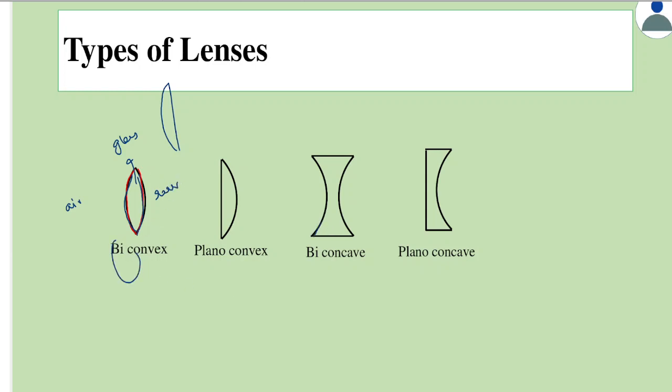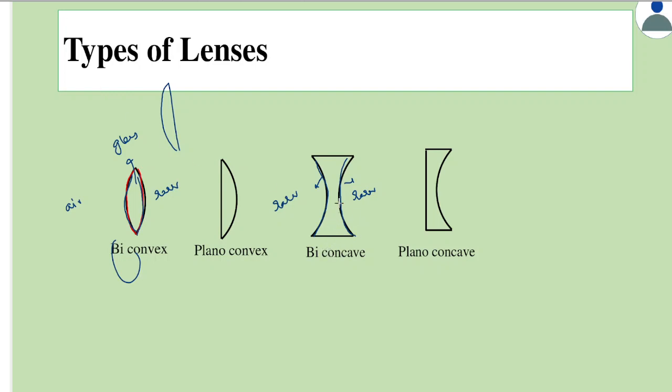Here, this is a concave side, and this also is a concave side. Now this concave side is facing the rarer medium. Here also this concave side is facing the rarer medium. Hence it is called biconcave.